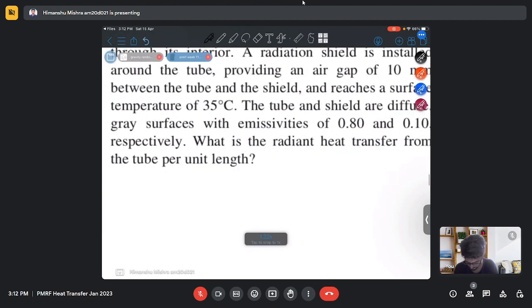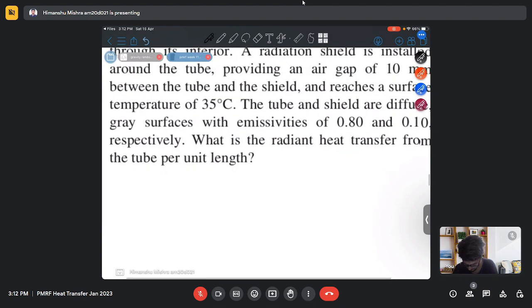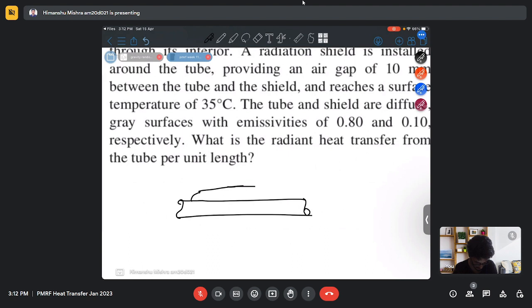So we have a tube here and there is a shield.